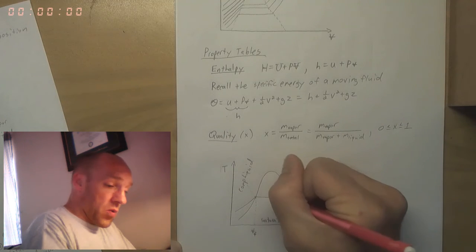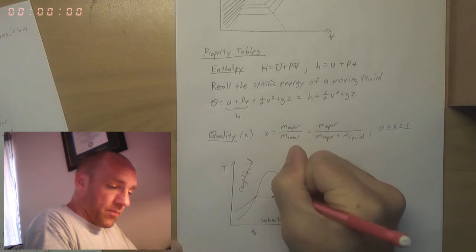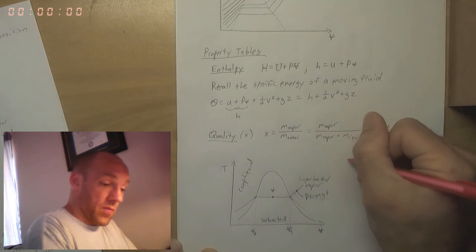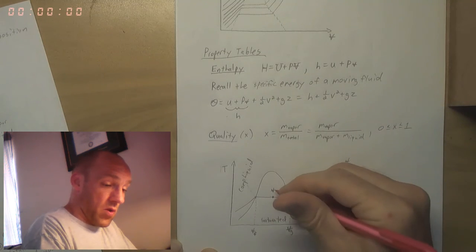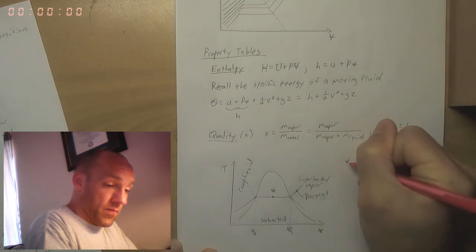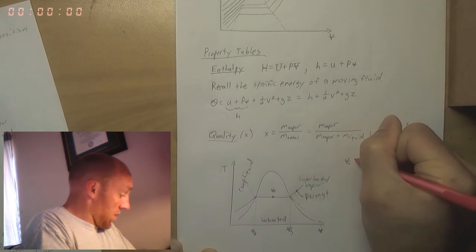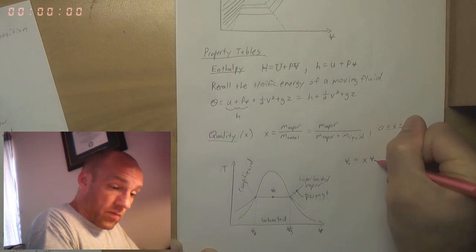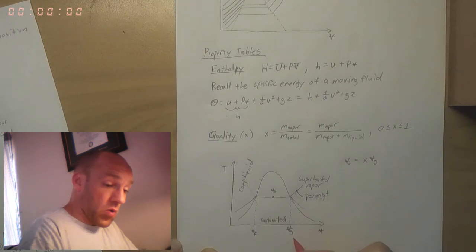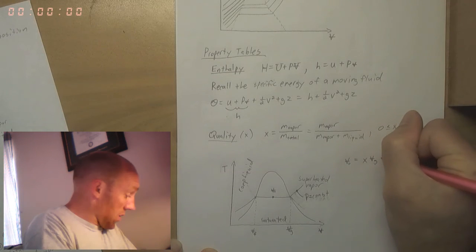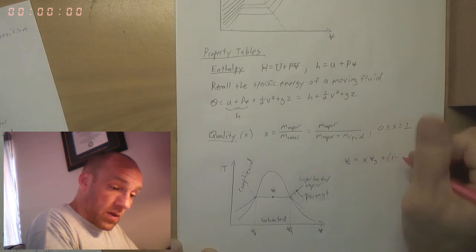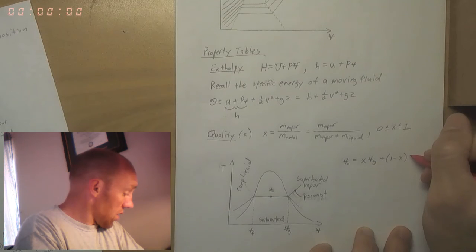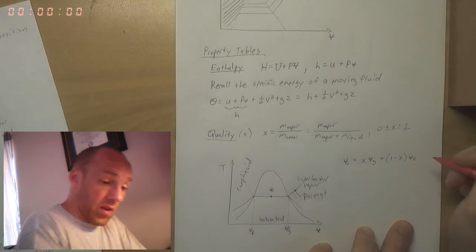So if I want to know some specific volume at some intermediate point, say we'll call that V naught, that's going to be the quality times the value as a saturated vapor, plus 1 minus the quality times the value as a saturated liquid.